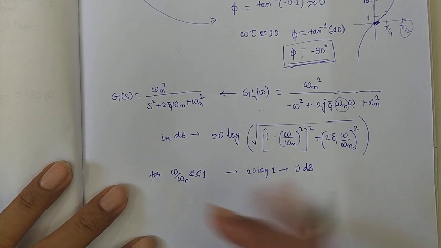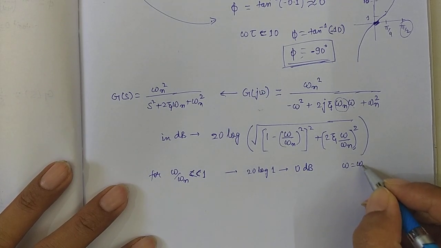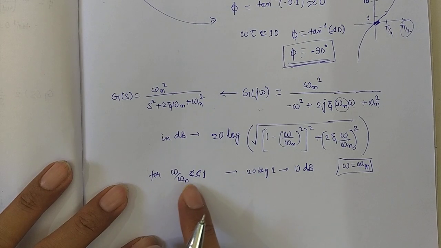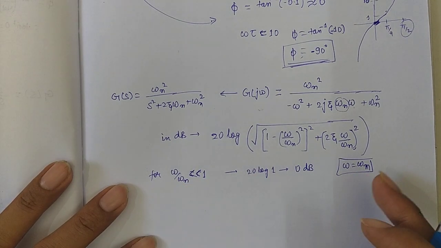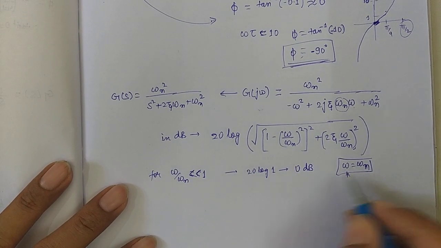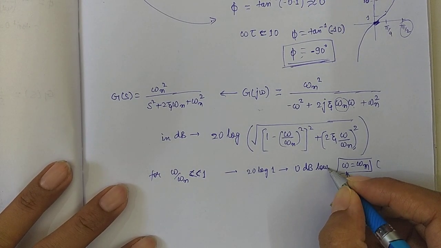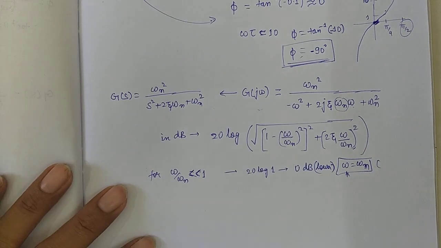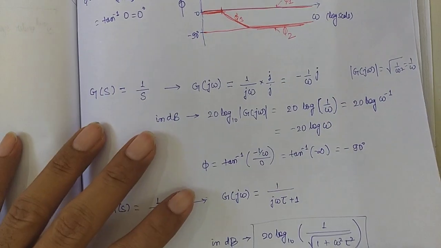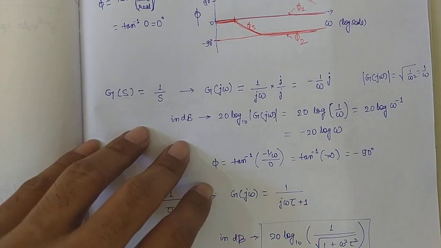So till omega is equal to omega n, if omega is less than omega n, for all those lower frequencies, things are 0, right?